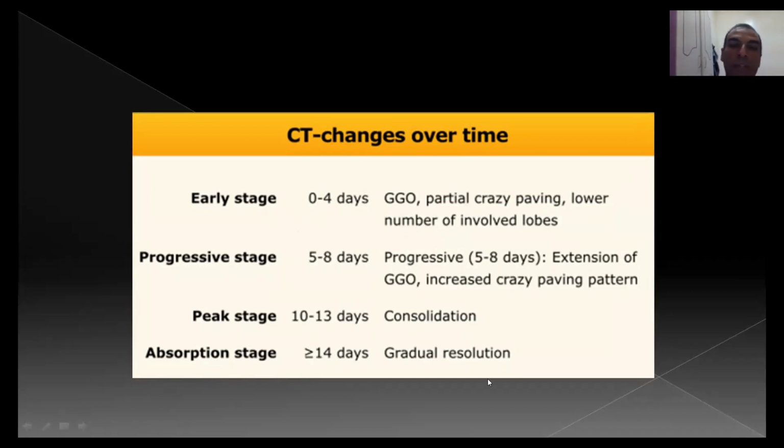These are the classic features. Maybe the swab is negative, but we still have an opacity in the chest X-ray, or the CT may persist for a long period. Maybe the patient goes through the early stage and resolves, and doesn't go to the other stages. But the classic form is these 4 stages, and this is the period for each one.